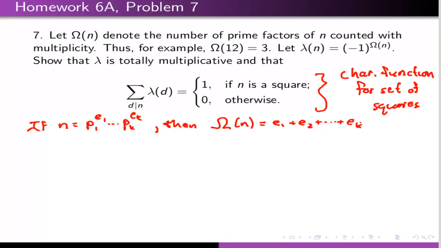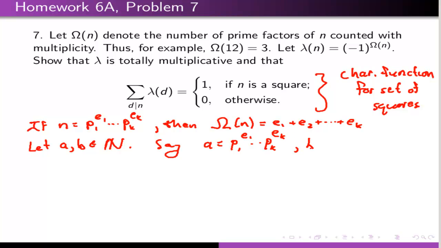Okay, so take any two numbers, don't worry about whether they're relatively prime, write down their prime factorizations. Remember, the trick is to use the same set of primes here. It doesn't even matter if you use that trick: p1 to the f1 through pk to the fk.